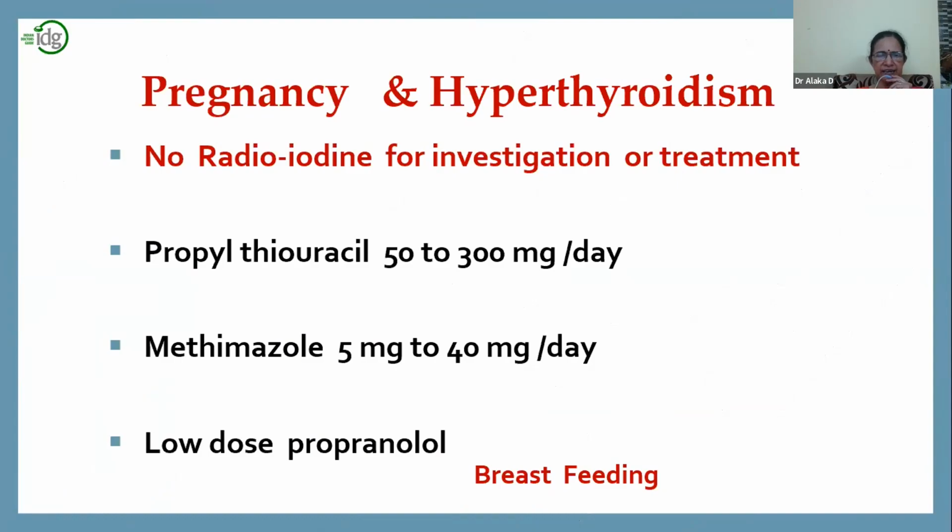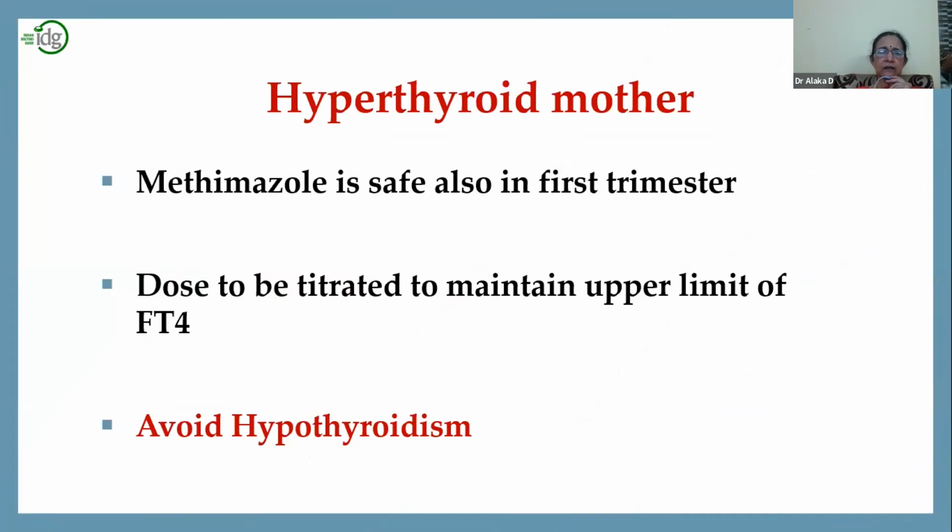Propylthiouracil 50 to 300 milligrams per day can be given in the first trimester. Then you can switch over to methimazole 5 to 40 milligrams, and a low dose of propranolol can be given, 10 milligrams twice a day or something. Breastfeeding can be safely given when the patient is on anti-thyroid drugs. If the mother is hyperthyroid, methimazole, now they say, the American guidelines, methimazole is also safe in the first trimester.